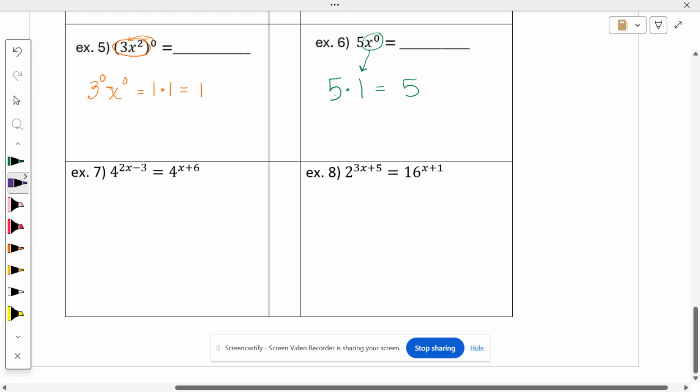And the idea is when the base is the same, you can drop the base and set the exponent expressions equal to one another.